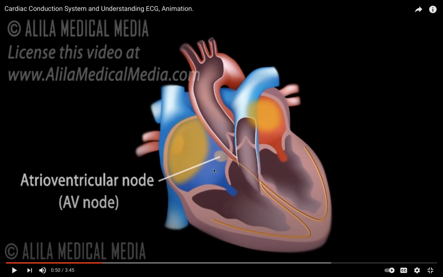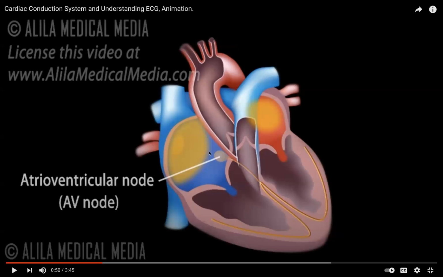See this blood here? You have blue for deoxygenated. That means the red blood cells usually carrying carbon dioxide. And then you have the red here, which is the left side, right, from the left atrium. And that is oxygenated blood, meaning the red blood cell is carrying a lot of oxygen. So you see that it takes time for the blood to come in and has to go down.